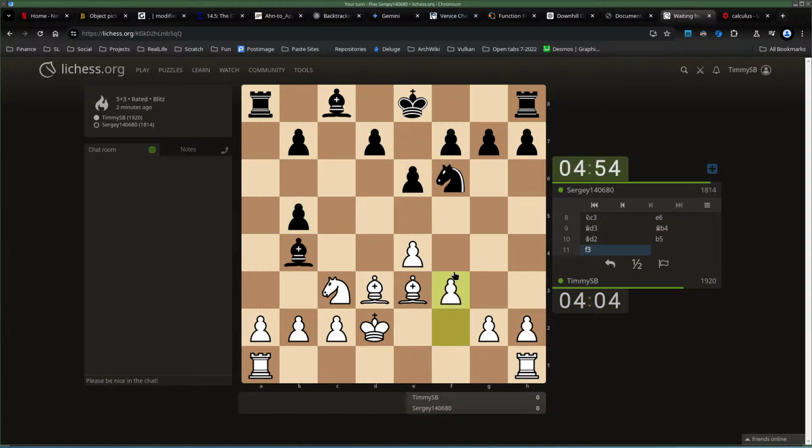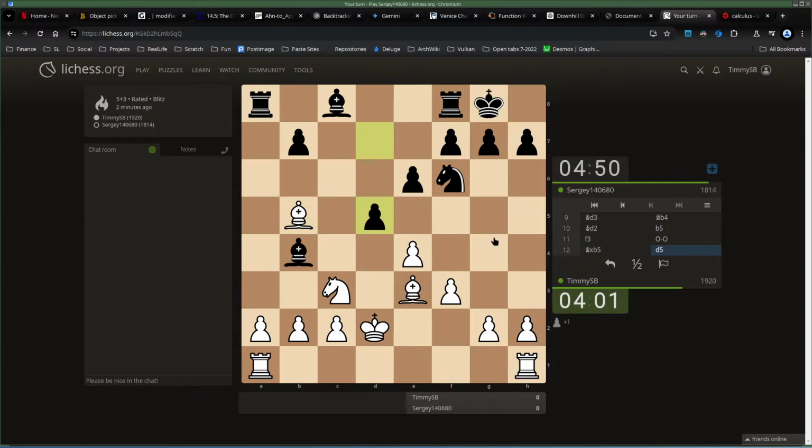Yeah. Do that. Did it anyway. Now it's attacked twice and I can't move. Totally going to take the pawn. Got a point.